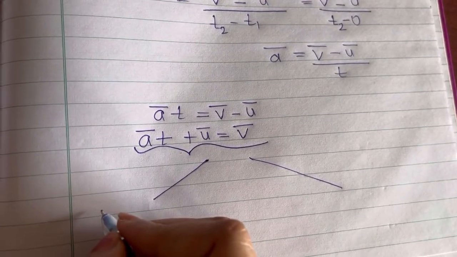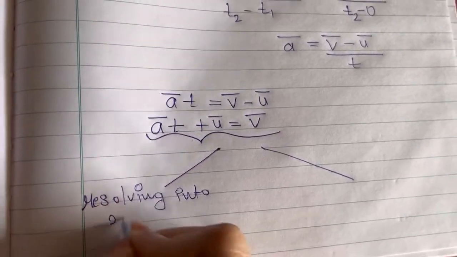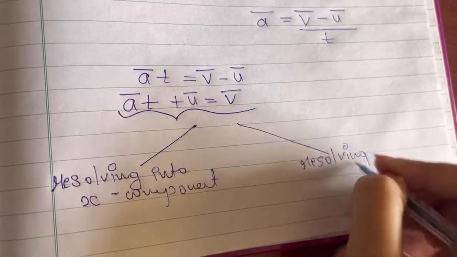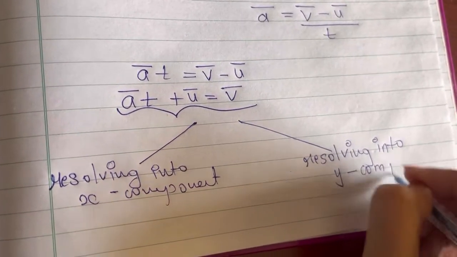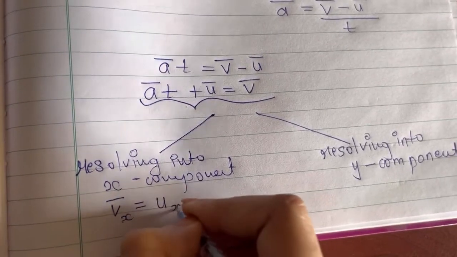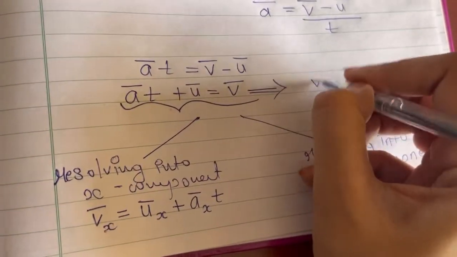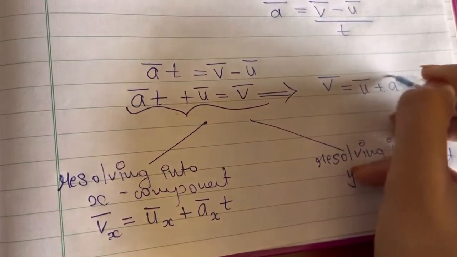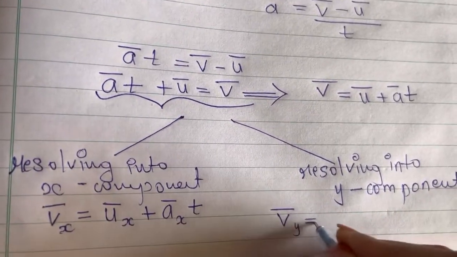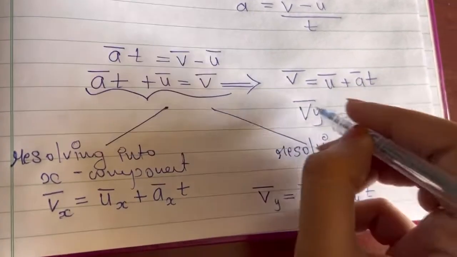So when you resolve it, resolving into the x component gives vx equals ux plus ax t, and resolving into the y component gives the similar expression. Note that if you write it without specifying the component form, it will be considered wrong.